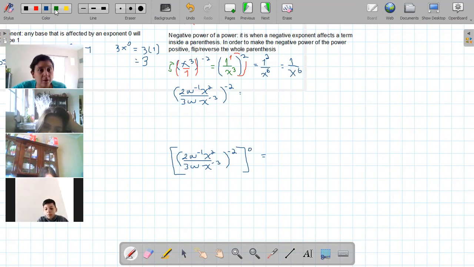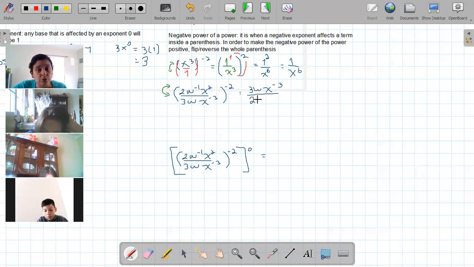How do I make it positive? By reversing the fraction. Whatever I have in the denominator is now in the numerator, just as it is without changing anything, over whatever I had in the numerator.